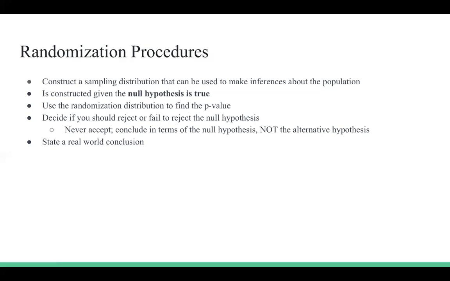We never accept it, and we either reject or fail to reject it. So don't accept and don't conclude in terms of the alternative hypothesis. And then once you get that, you're going to state a real world conclusion, just putting that decision in context of our example before as the Stat 200 IQ scores.